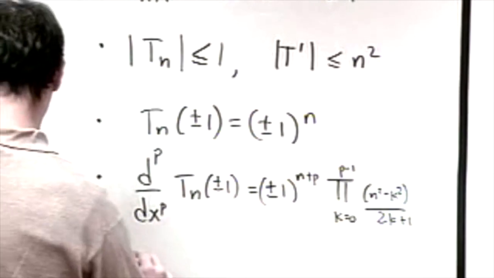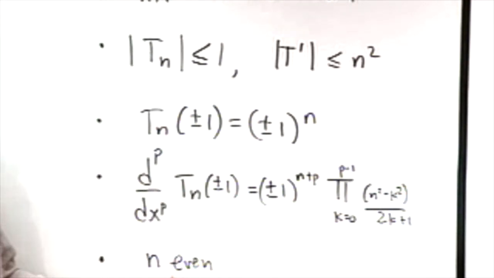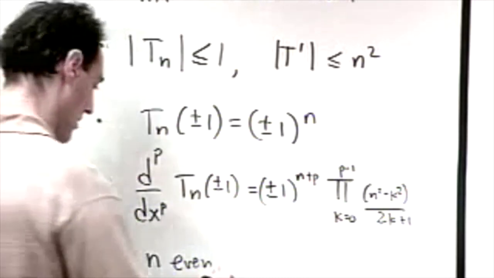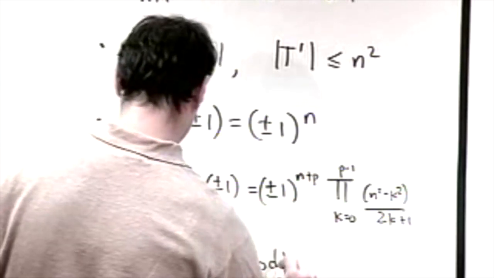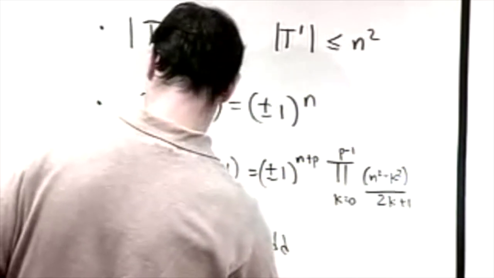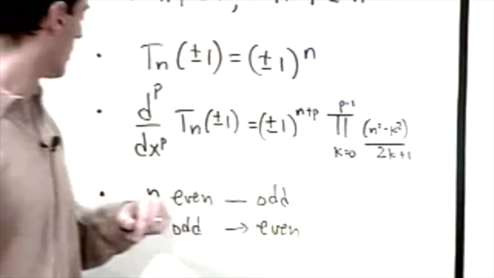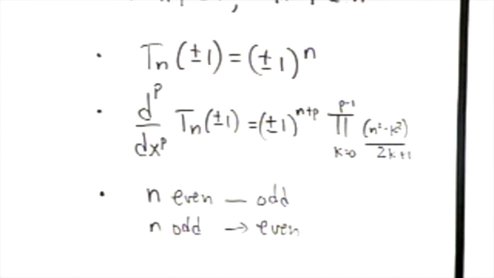So, other thing, if n is even, in my thing, then the function is odd. If n is odd, the function is even. How do you see that? Well, just come over to here. If n is even, or did I write that down?